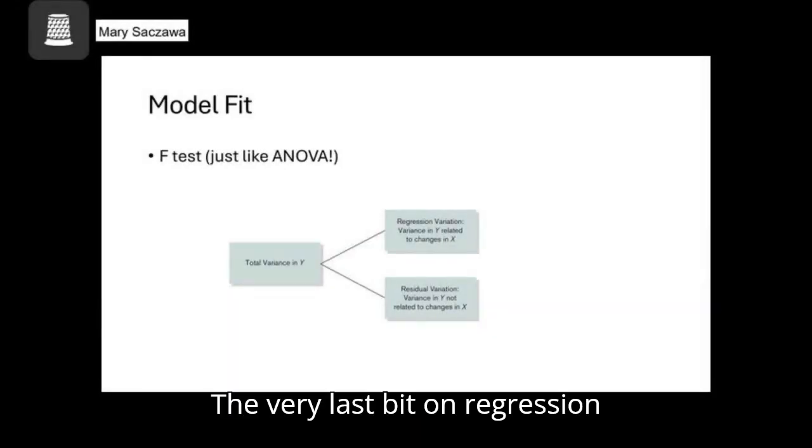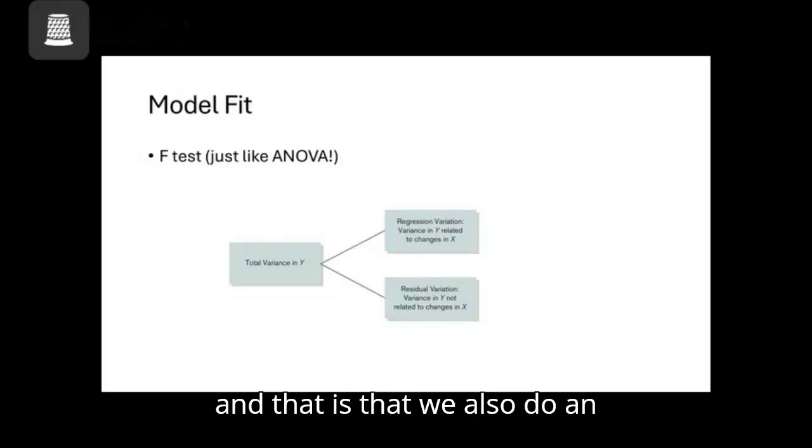The very last bit on regression is kind of a weird one, and that is that we also do an F-test, just like ANOVA. In fact, a lot of statistics programs will call it an ANOVA F-test.